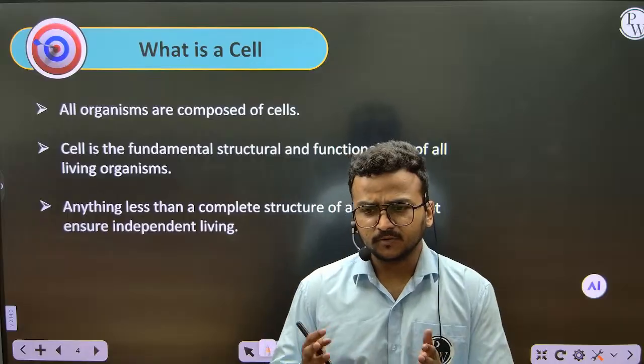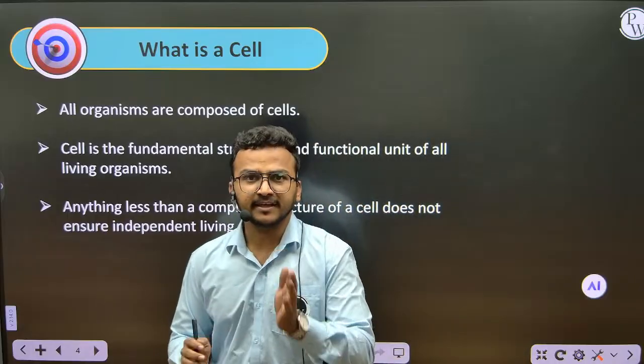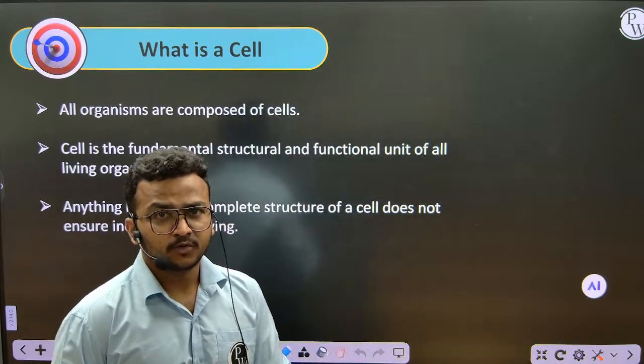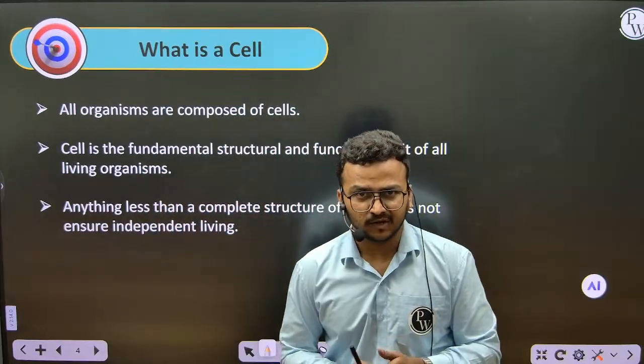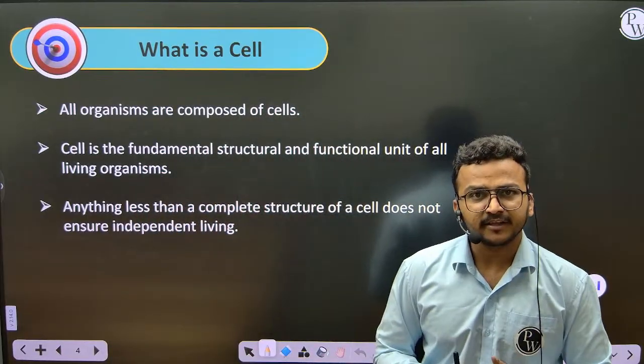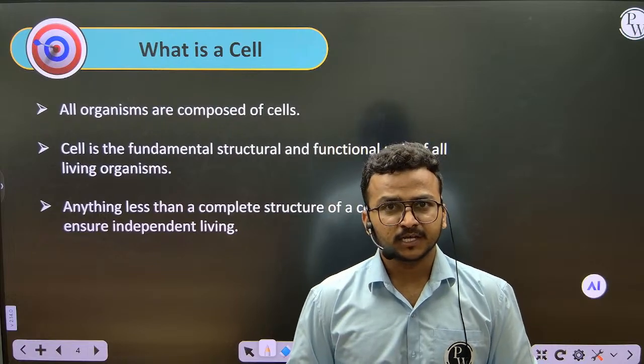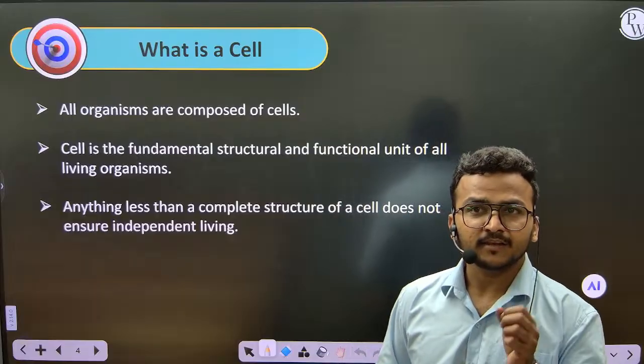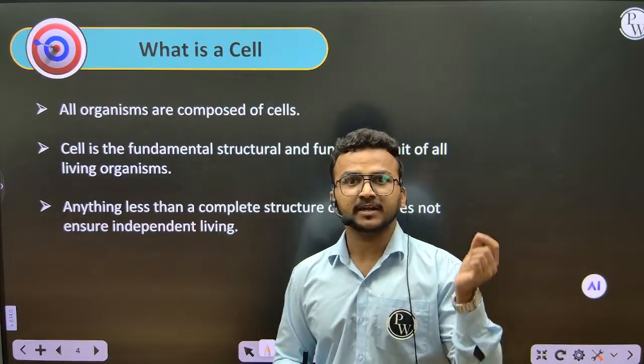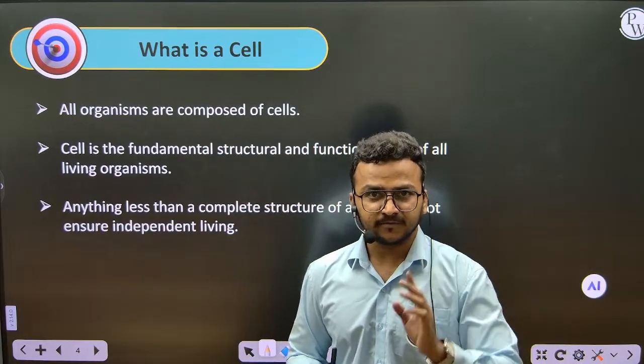We know that the cell theory was formulated by two scientists, Schleiden and Schwann. In the year 1838, Schleiden, who is a German botanist, gave a statement that plants are made up of different kinds of cells and different kinds of tissues.